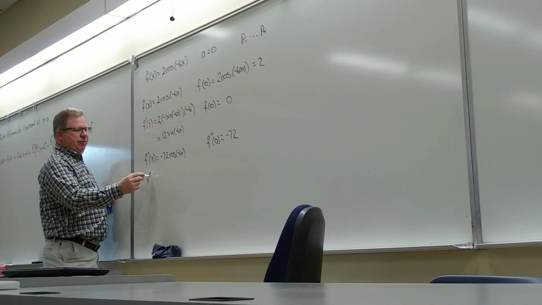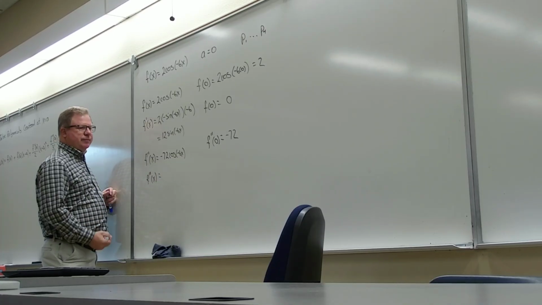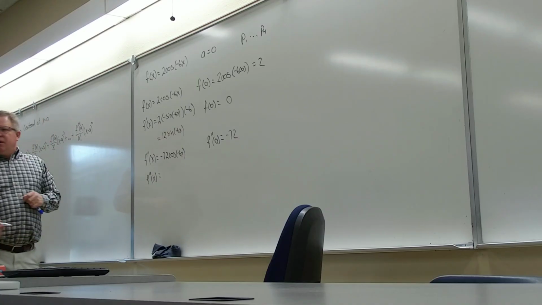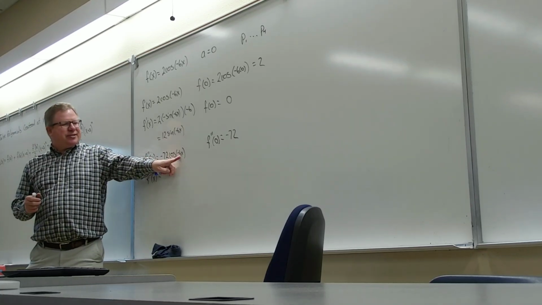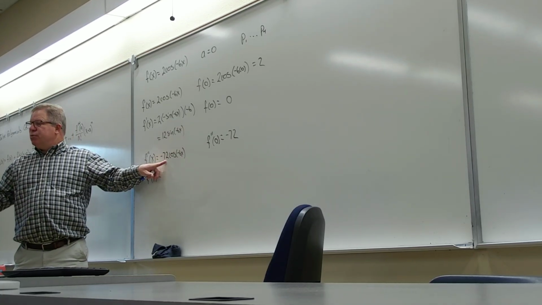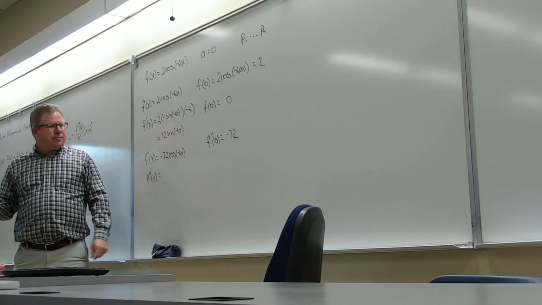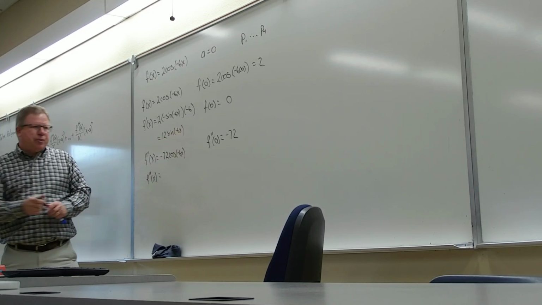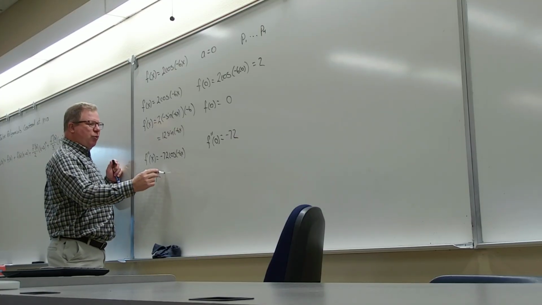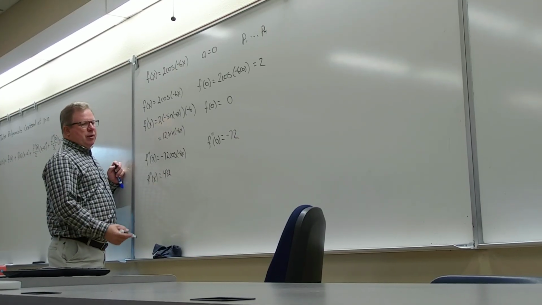Third derivative. Help me out with a calculator, please. When we do the chain rule, we're going to have to multiply by negative 6. Negative 72 times negative 6. What? 432. Positive 432.